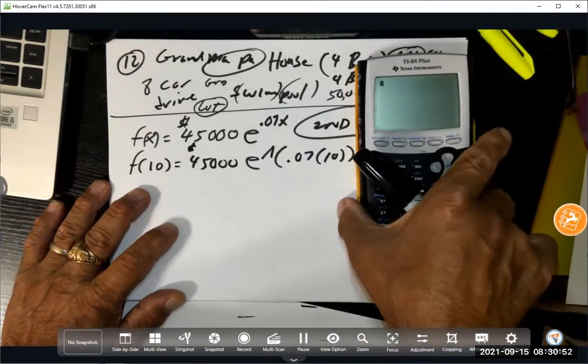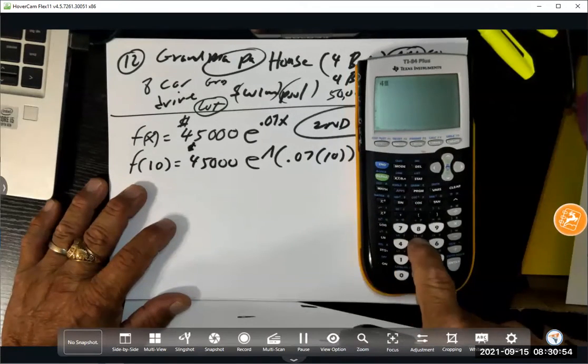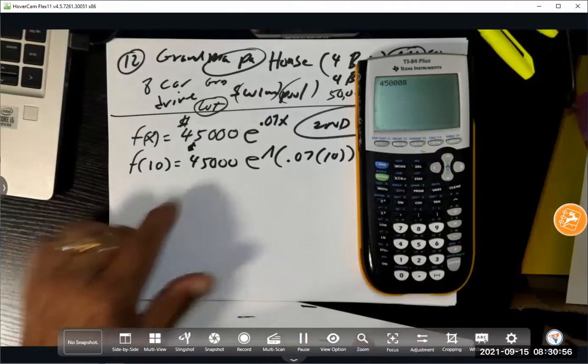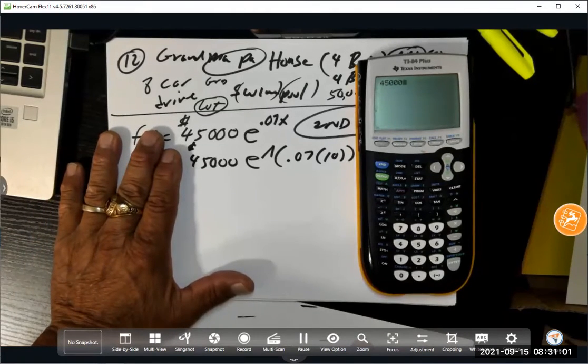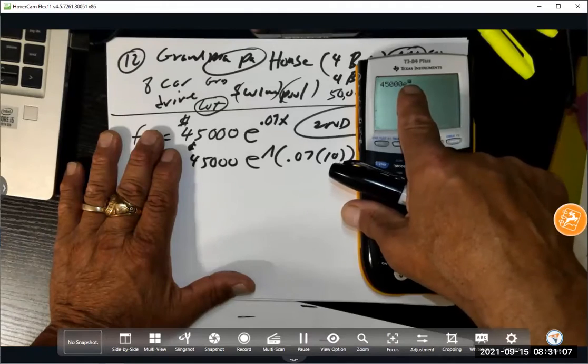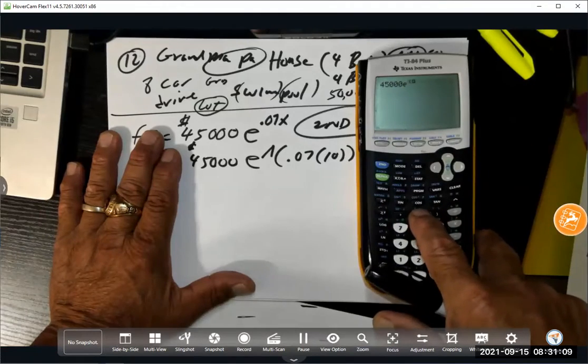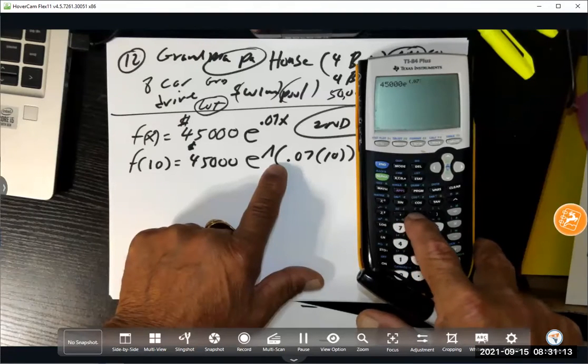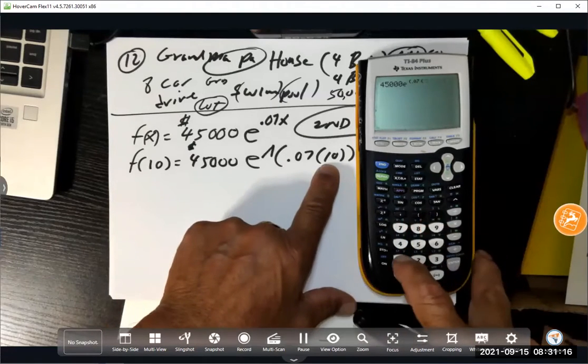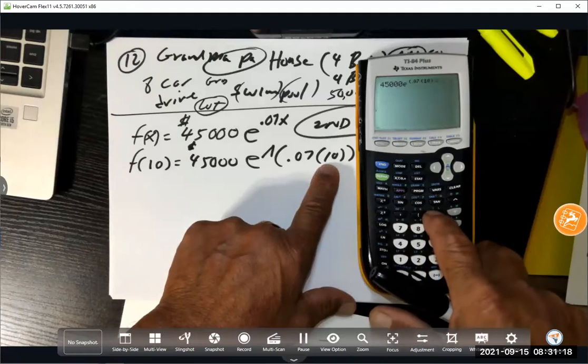Ready? So first, you're going to put 45,000. Everybody get that far? 45,000. Okay. Second LN. Now it's gonna give that little E power thing up there, right? So put parentheses 0.07 parentheses 10, and then close it and close it.